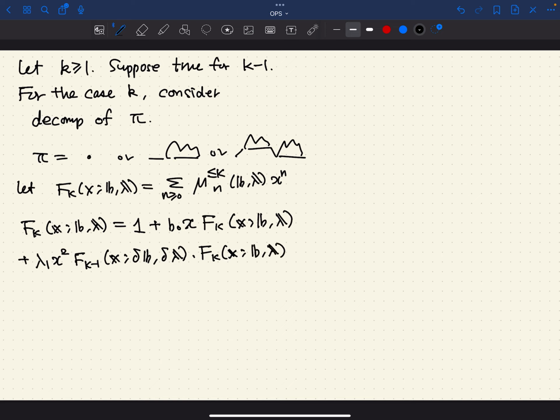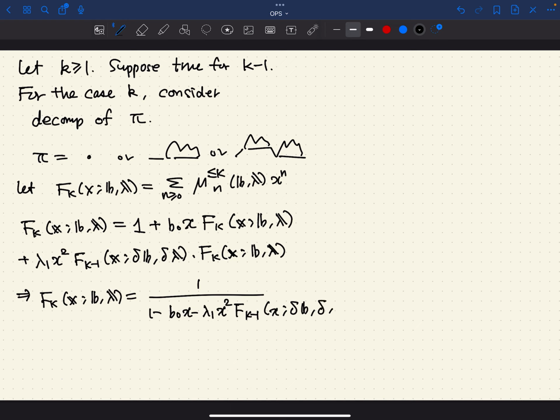Okay. Now we do the usual thing: move this to the other side and then divide. Then we get f_k equals 1 over 1 minus b0 x minus lambda 1 x squared f_{k-1} with shifted parameters. But see, this is k minus 1, so we can apply the induction hypothesis.